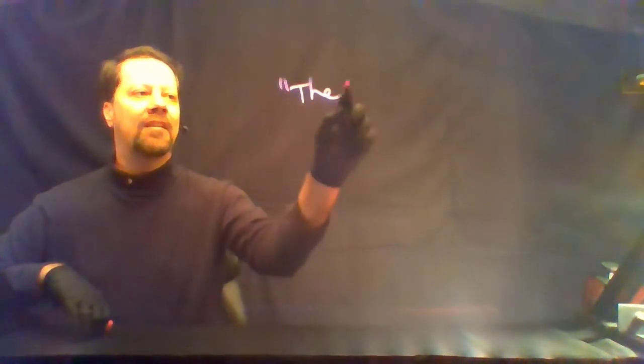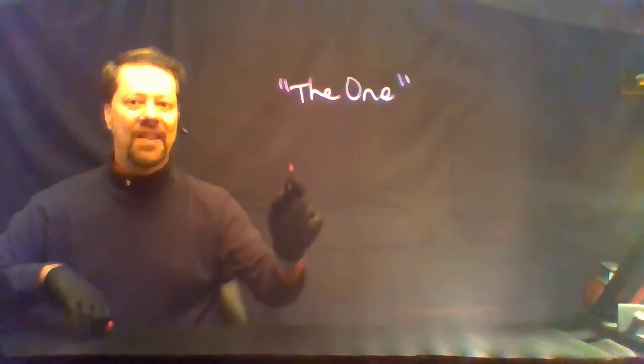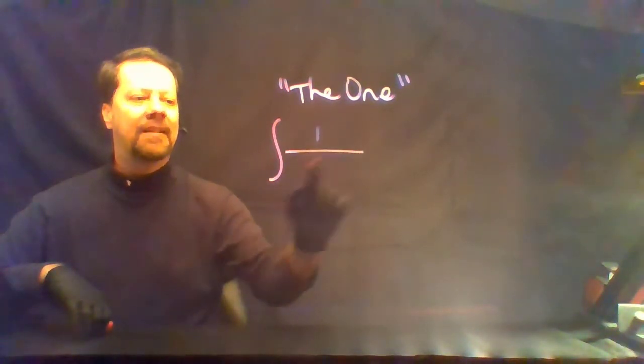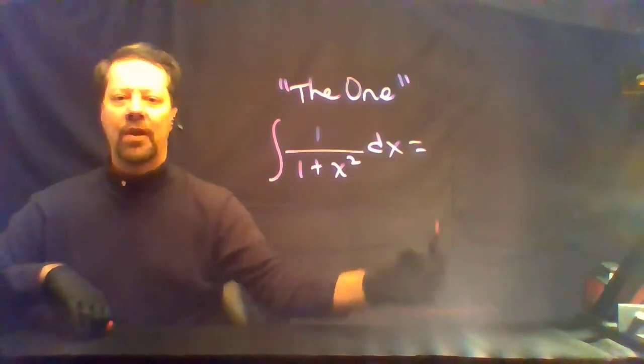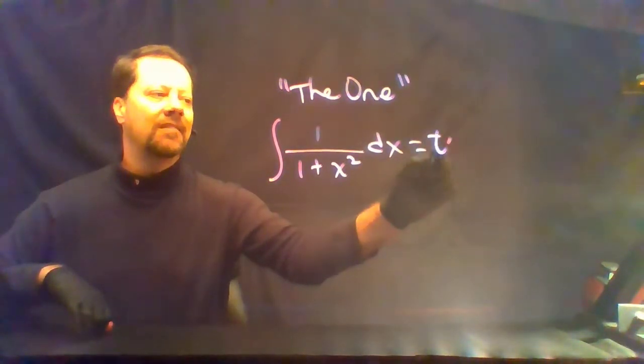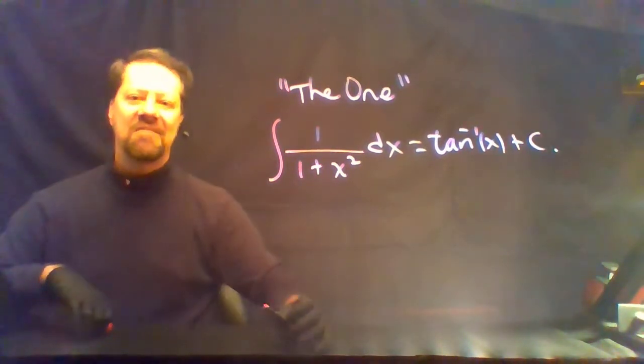We have a new version of the one that I want you to remember, and that is the indefinite integral of 1 over 1 plus x squared is the inverse tangent of x plus c.